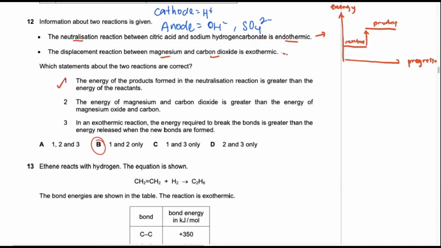We need to know this is a displacement reaction, where the more reactive magnesium reacts with the less reactive carbon dioxide, then the more reactive one will become ions and hence become magnesium oxide. It becomes the ion Mg2+.